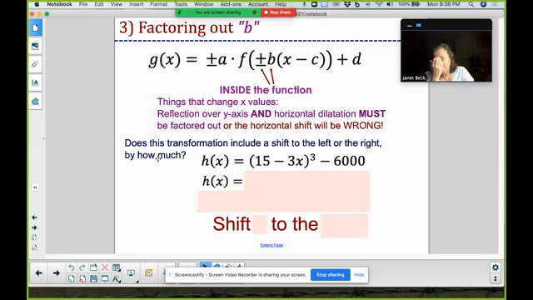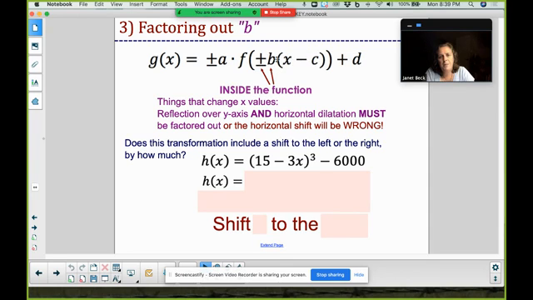What do we mean by factoring out b? Again, we've got this great big thing here. Your coefficient in front of the x, if there's something in front of the x, like a negative sign or a number or both, if you don't factor it out, then your horizontal shift is going to be wrong. If you've got lots of stuff happening inside your function, the only thing that should be in front of your x is a parenthesis.